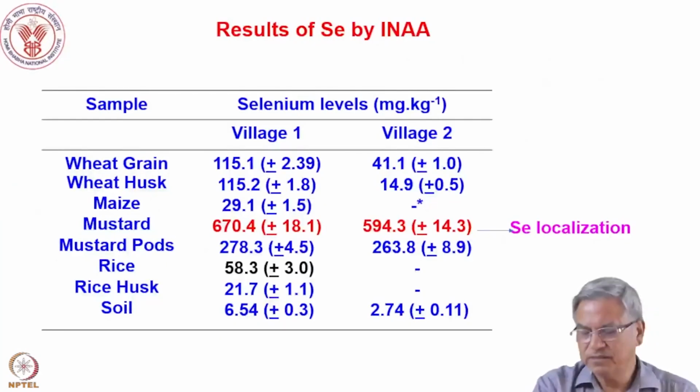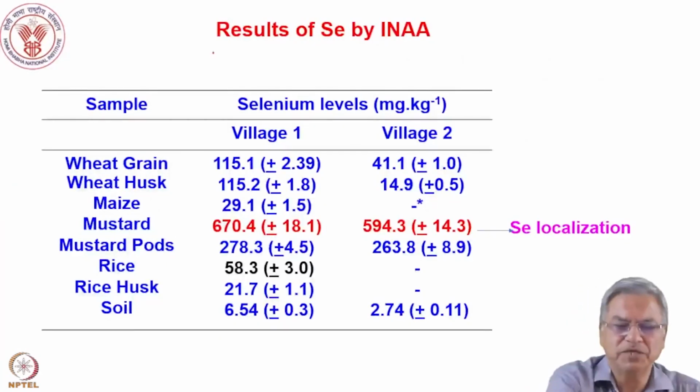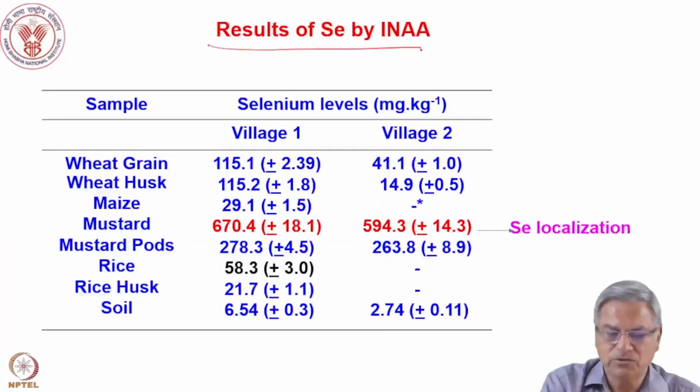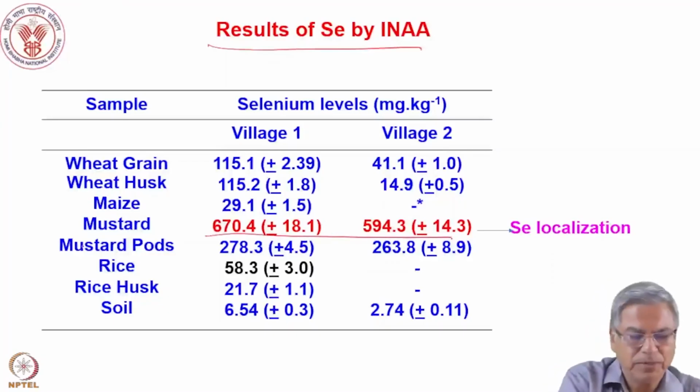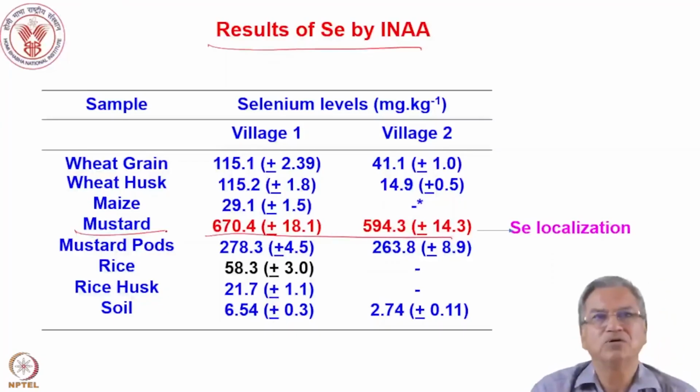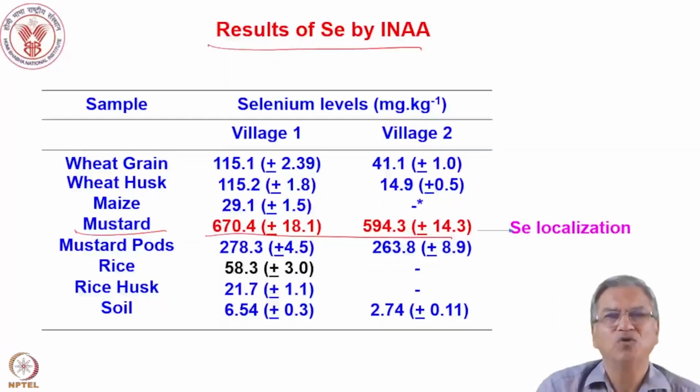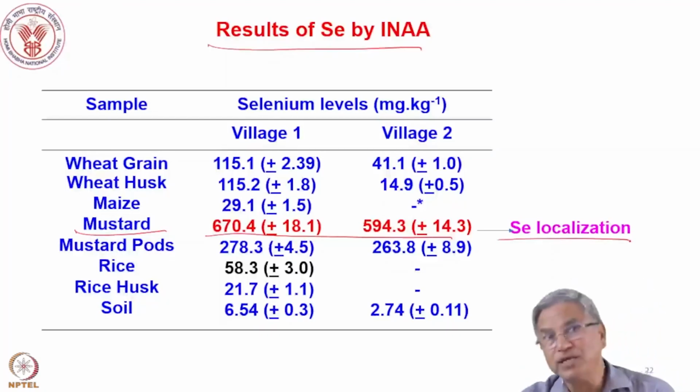So these are the results of a selenium determination by neutron analysis, and you can see a particular mustard from a particular area was found to contain a very high concentration of selenium. So people who are consuming that mustard might be getting an excess, and this also shows that selenium can be localized.